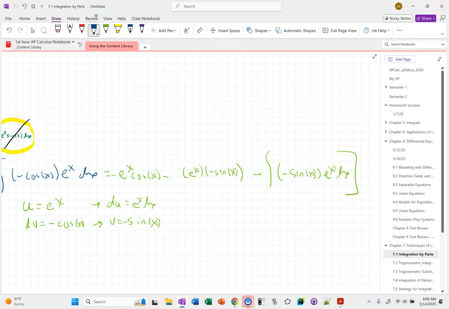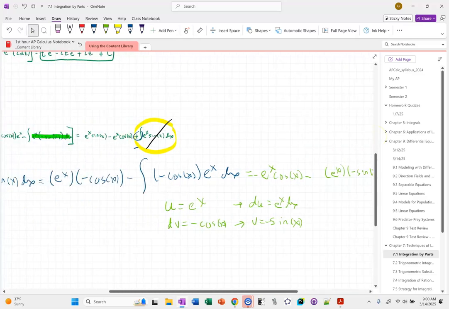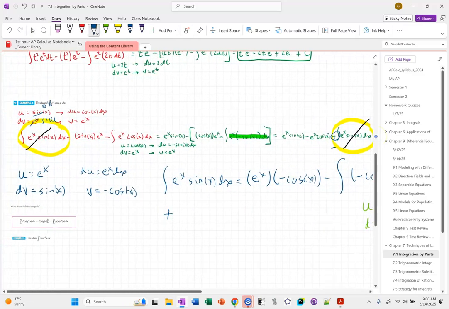And then there's 1, 2, 3 negatives there, so that's just going to stay negative. So I can add this guy back to the original starting side.